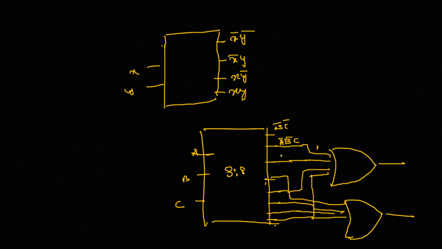So if any of 1, 2, 4, or 7 are coming out to be 1, the output from this particular OR gate also comes out to be 1. That tells us that if any of these four are 1, the sum is 1. So that is the output for our sum. And for carry out, it's the summation of 3, 5, 6, and 7.